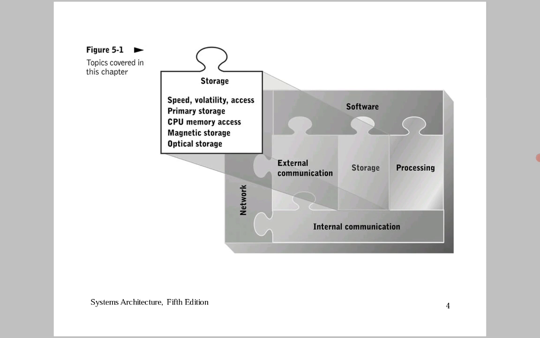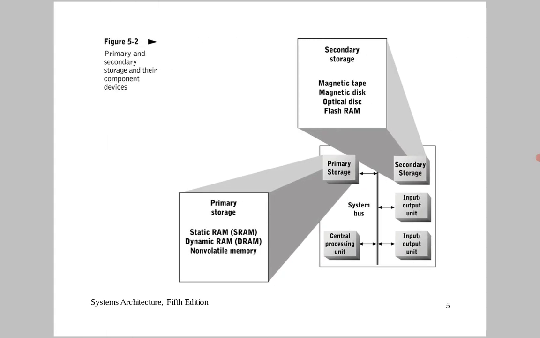Volatility means permanent or temporary, permanent storage or temporary storage. Access of primary storage means how to get the primary storage devices, and CPU, central processing unit, memory access, magnetic storage, optical storage devices, like that.